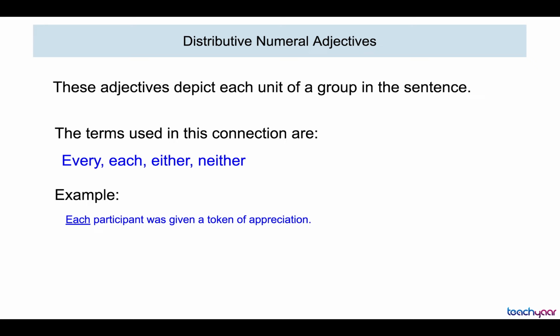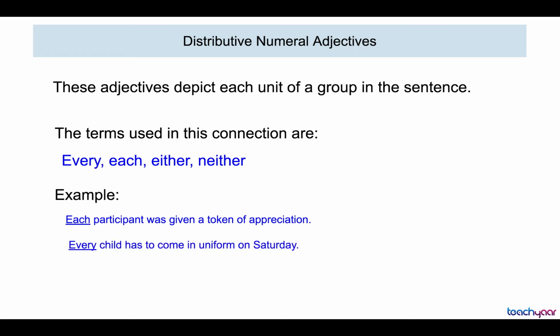You must remember one thing in this case, that the noun participant, which is being modified here, must be singular, because we are talking about each one. So we are talking about single units. Therefore the noun has to be singular. So the verb will also be singular. Each participant was given a token of appreciation.